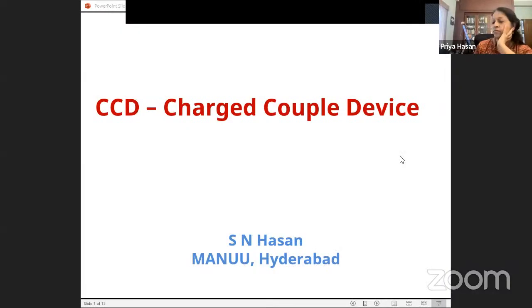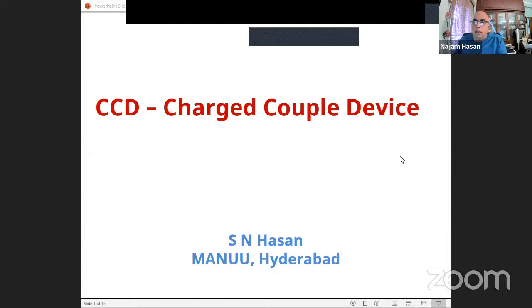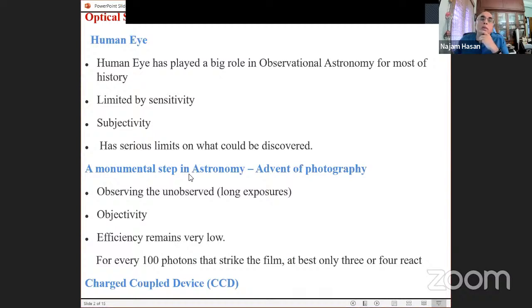Okay, so we'll be looking at charge coupled devices. The optical sensors used in astronomy are various, but I'll be talking to you about the 3 basic ones. We'll be focusing more on the third one.